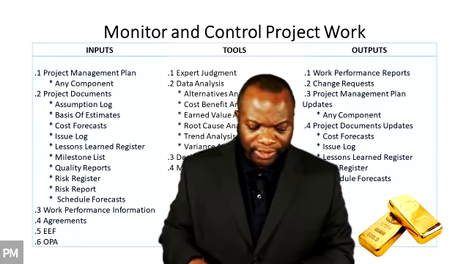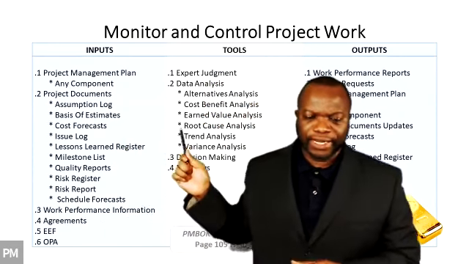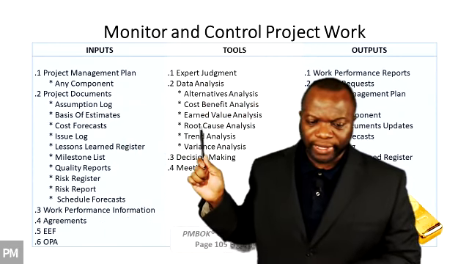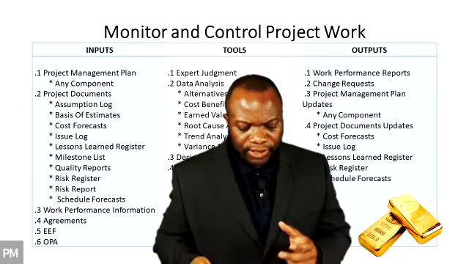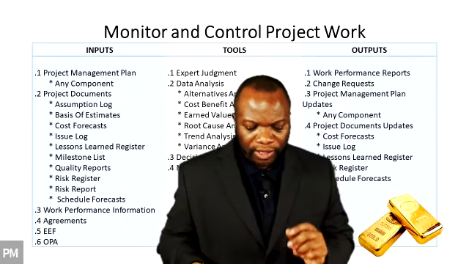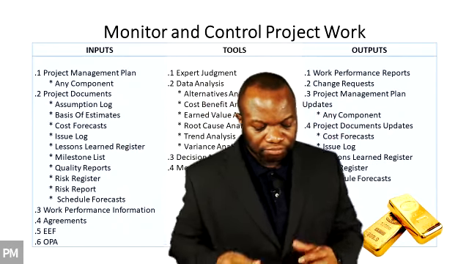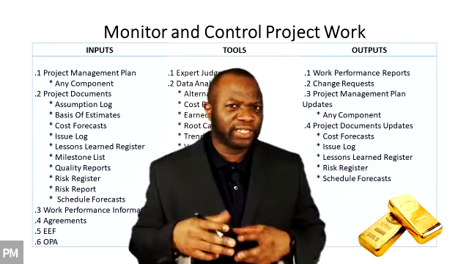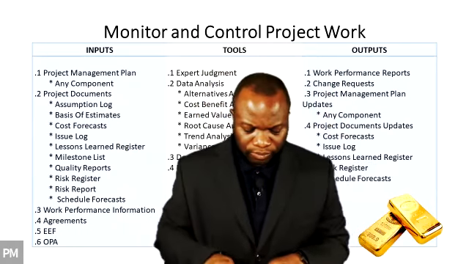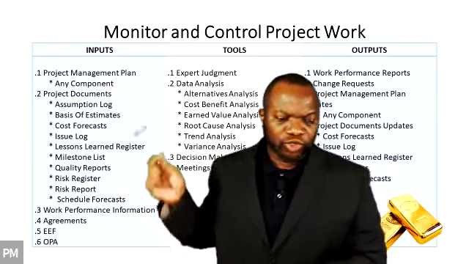Root cause analysis. So root cause analysis is another useful one here as we are monitoring and controlling project work. It says it focuses on identifying the main reasons of a problem. It makes sense. If you're having problems or there are things you need to adjust, you need to know why that is happening. All right, next one here, trend analysis.